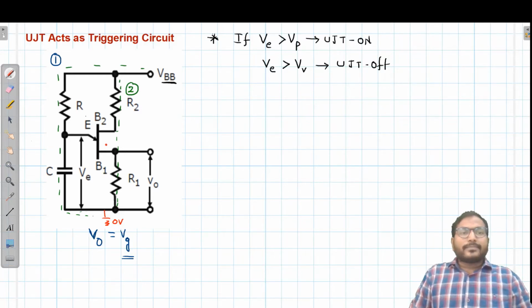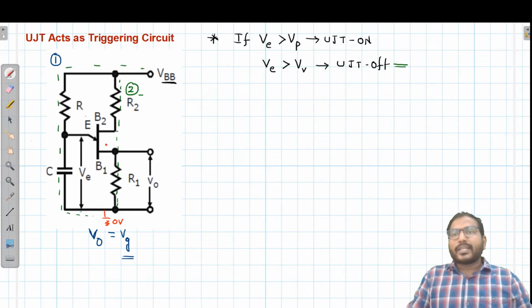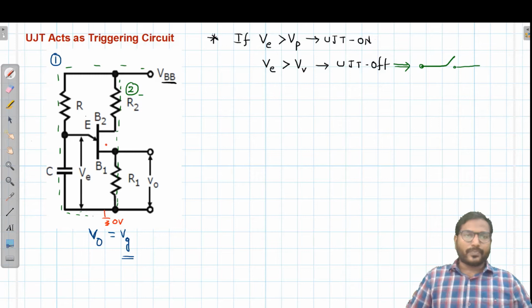Initially the UJT is in the off state, so the current passing through the second path is 0. When the UJT is off, it acts as an open switch, and the current passing through an open switch is 0.